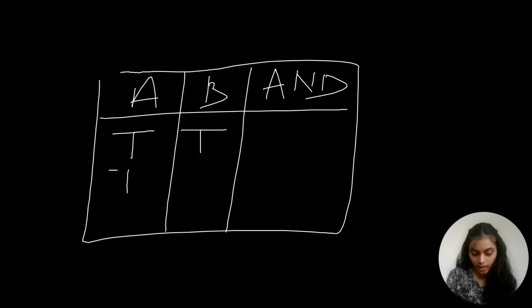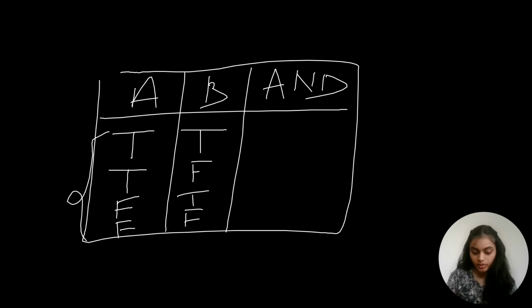Then A as true, B as false. Then A as false, B as true. Then both A and B as false. All these true and false values come from the conditions we get after using the Boolean data type. We are implementing the AND operator between operands A and B. When both are true, true and true is true.